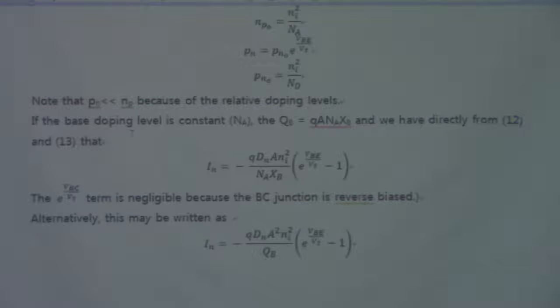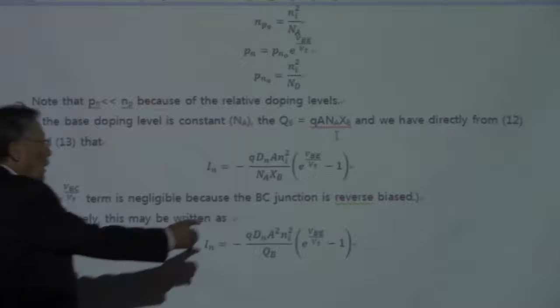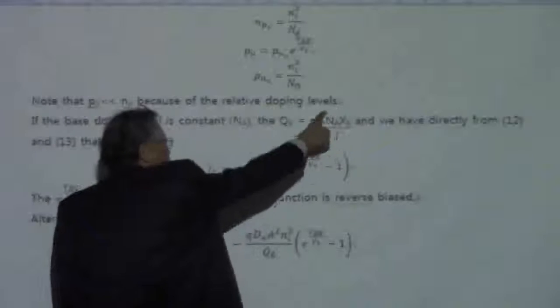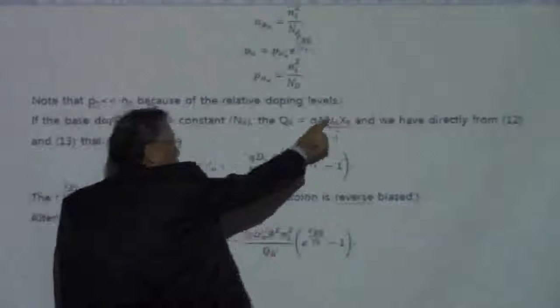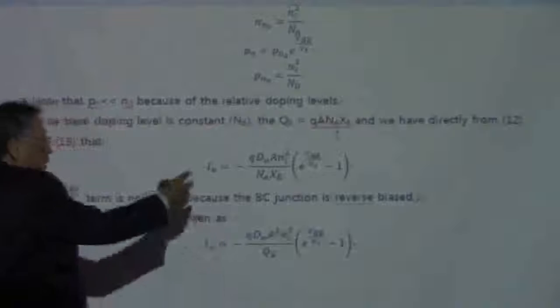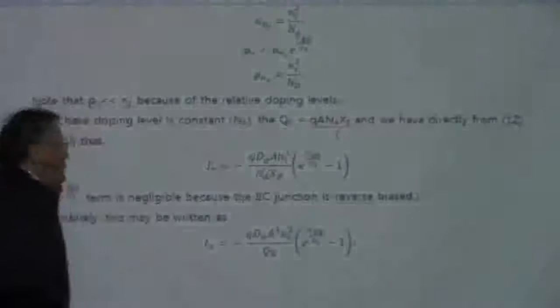And if the base doping level is constant, we can say the charge in the base is simply a geometric multiplication of the area and the XB, which is the volume, and then Na is the concentration, just a simple multiplication of the geometries.